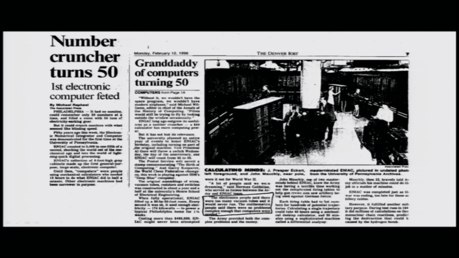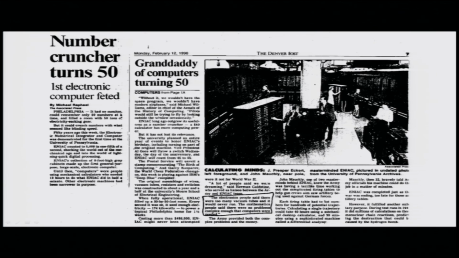Although the electronics people said that there were too many vacuum tubes and it would never run, and the mathematics people said there were no problems complex enough that computers were needed, that was the situation the ENIAC team had to work through to get it working.